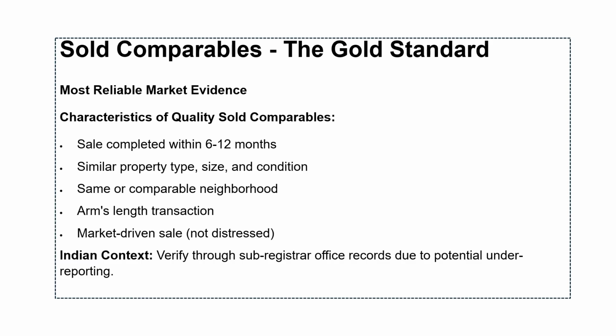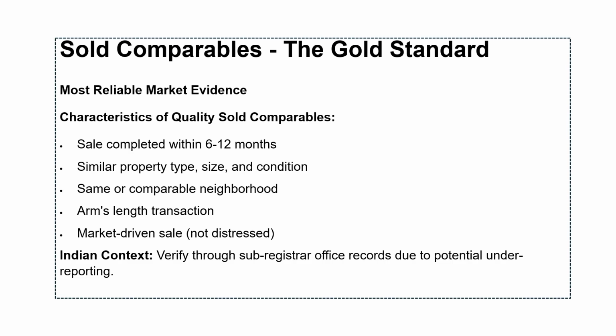So that kind of open market transaction has happened. And a market driven sale is there. It's not a distress sale, where the person required money immediately and because of that distress is selling. That kind of condition we don't want. We want an actual market sale transaction, and that is something we are looking for. So that will actually provide us a better understanding.